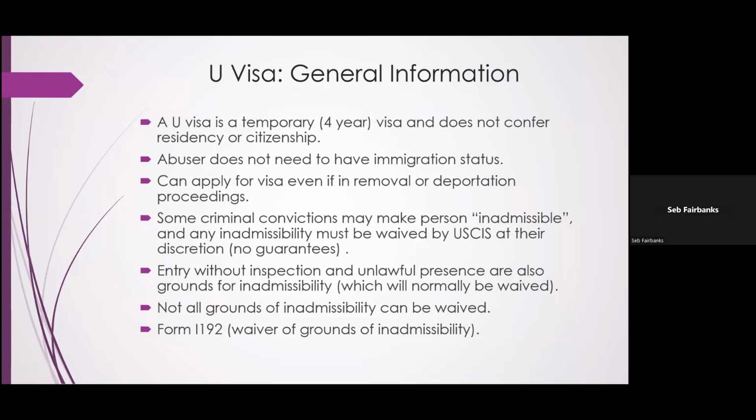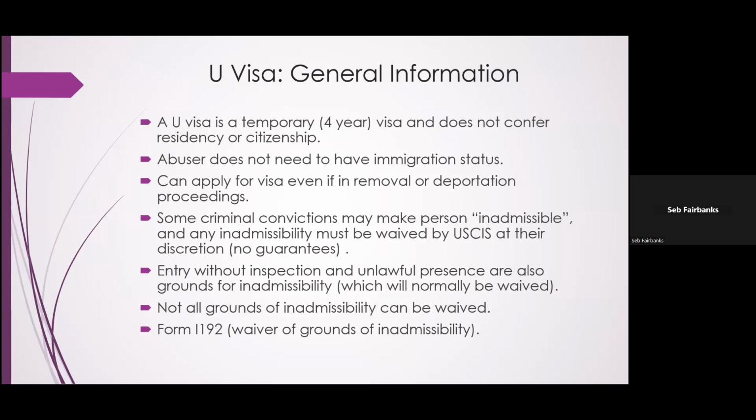The U visa is a temporary visa. It does not mean that the person has residency or citizenship. It's also called a U visa, but it doesn't mean that the person is able to travel outside the United States. For the purpose of the U visa, the abuser does not have to have any immigration status. And if the person is in removal proceedings, this can be a tool they can use for protection against deportation.